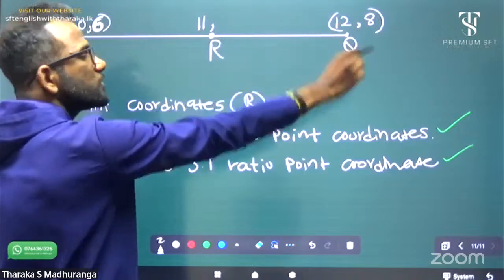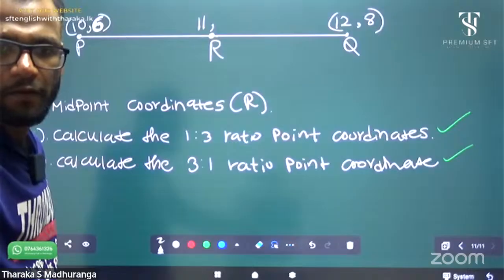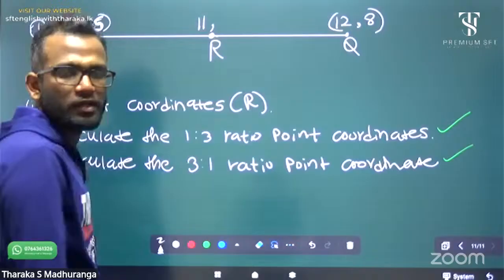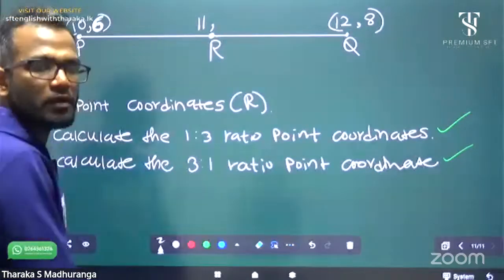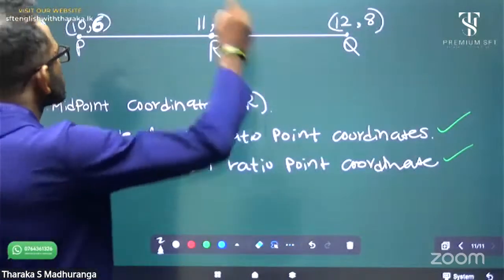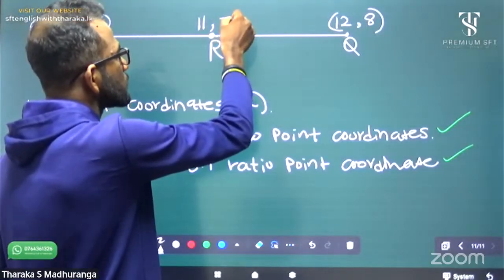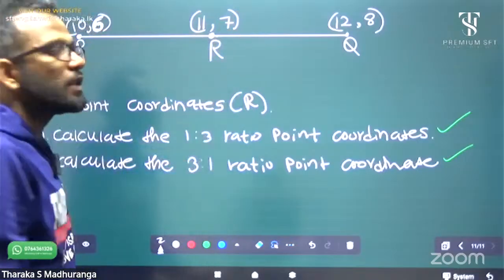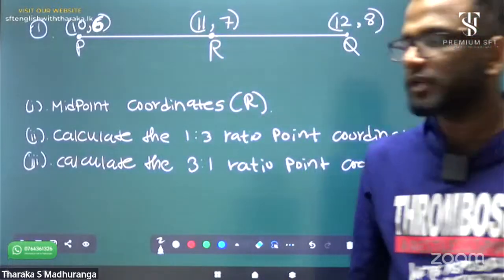Comma, 6 plus 8, 14. 14 divided by 2, it is 7. R point coordinates are 11, 7.